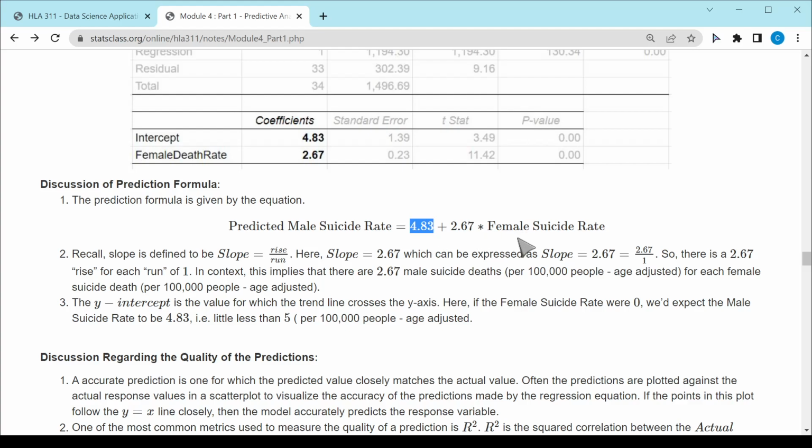So if the female suicide rate were 0, I would expect the male suicide rate to be about 5, or about 4.83. Now again, I don't think there's any city in the United States that has a female suicide rate of 0. So in a practical sense, that might not be that meaningful.